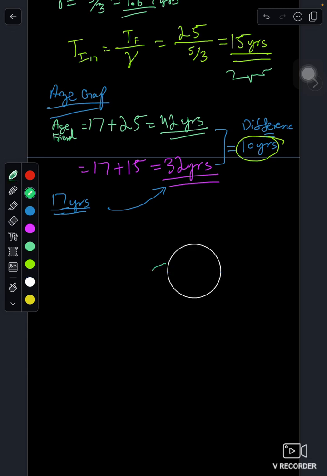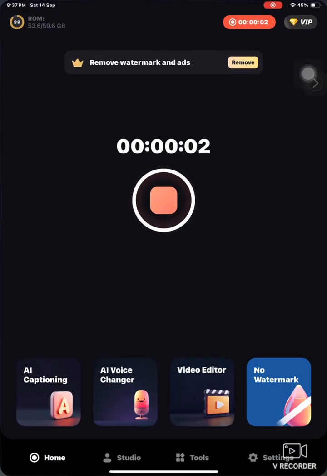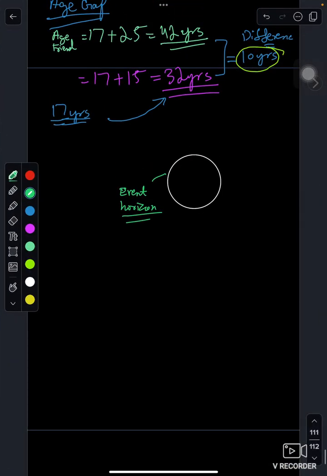The moment you reach its event horizon, there's no turning back. Even if you get a little closer to it, you will start experiencing the force of the gravitational strength. Suppose there's a light beam traveling like this.